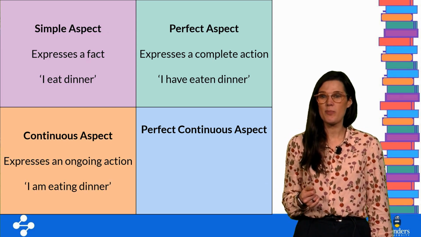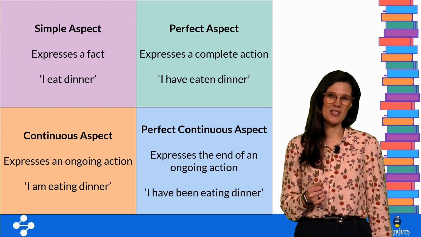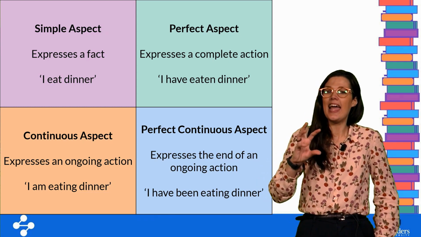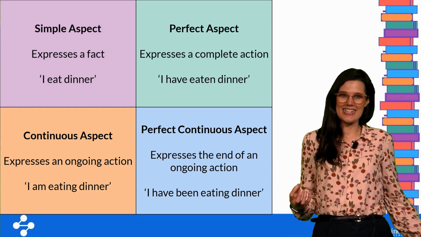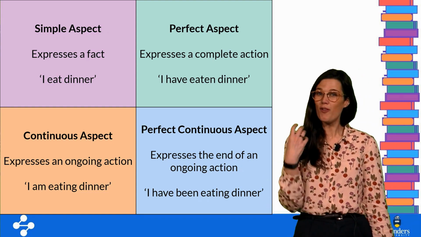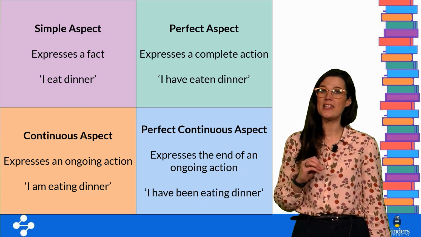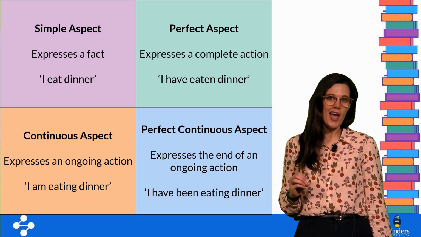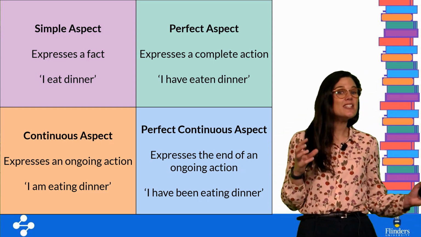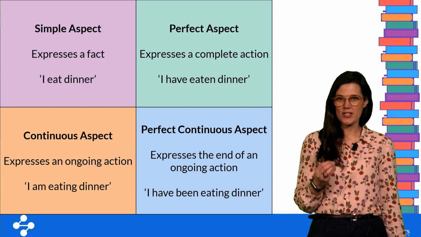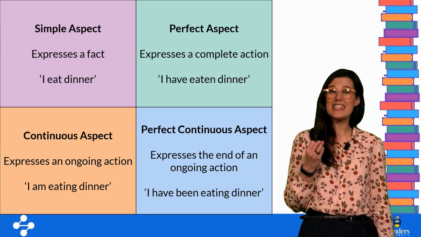The continuous aspect expresses an ongoing action, and the perfect continuous aspect expresses the end of an ongoing action or a completed ongoing action. Now, obviously, each of these is a little bit more complex than this, which is why we're going to break them down according to each tense. But I want you to keep this basic grid in mind, because at the end of the day, if you're really struggling to figure out which tense you need to use, this can be a very useful starting point.